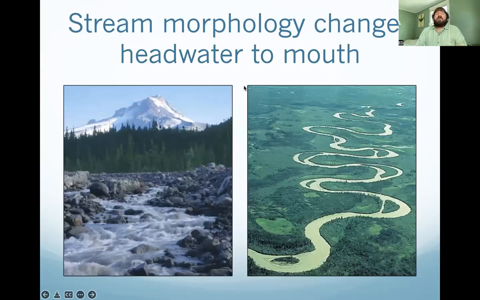And another aspect that's important to think about when trying to consider where a river lies on the landscape is what its shape, what its form looks like. So on the left here, you see a picture of a river that is draining. You can see the mountain behind it.